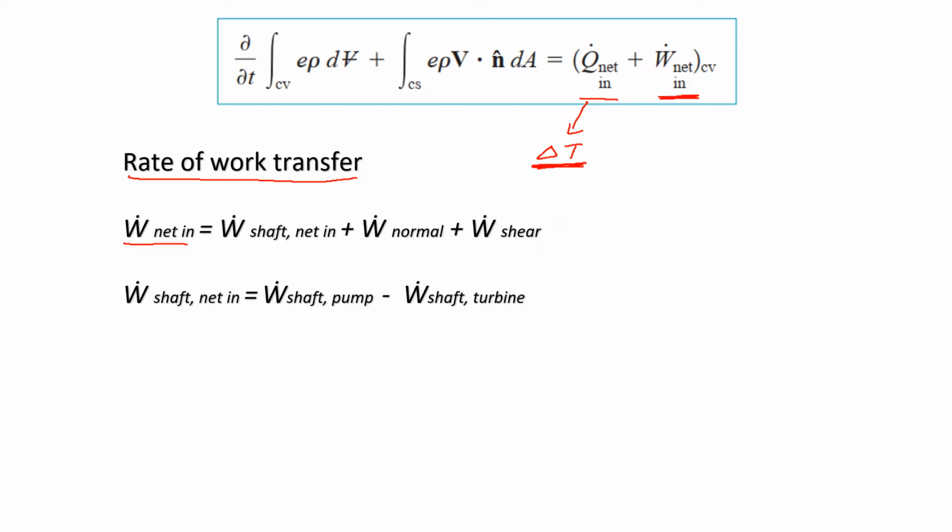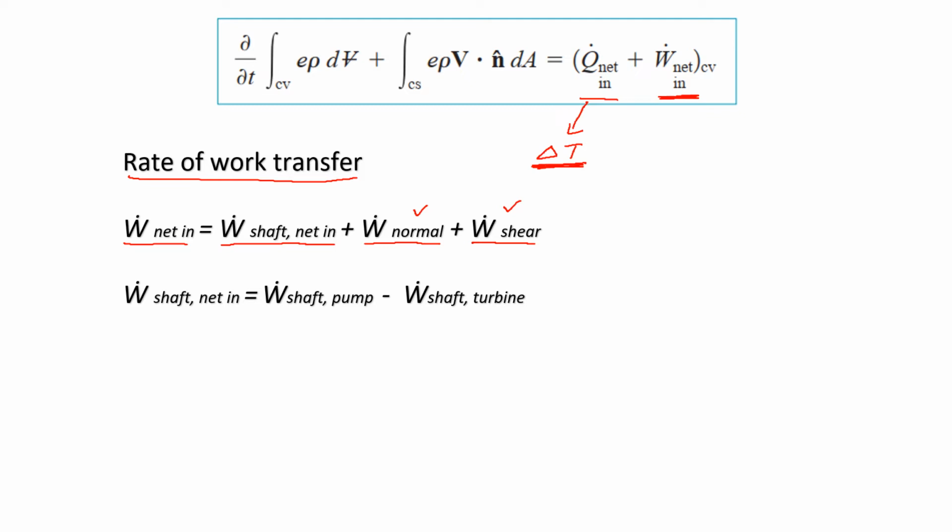That net rate of work transfer is equal to the rate of work transfer to the shaft plus the rate of work transfer required to overcome the normal stresses plus the rate of work transfer required to overcome the shear stresses. We will come back to these normal and shear stresses in a while, because you will now be wondering what those normal and shear stresses are doing here, since we are only talking about work and heat. So let's get back to them in a little while.